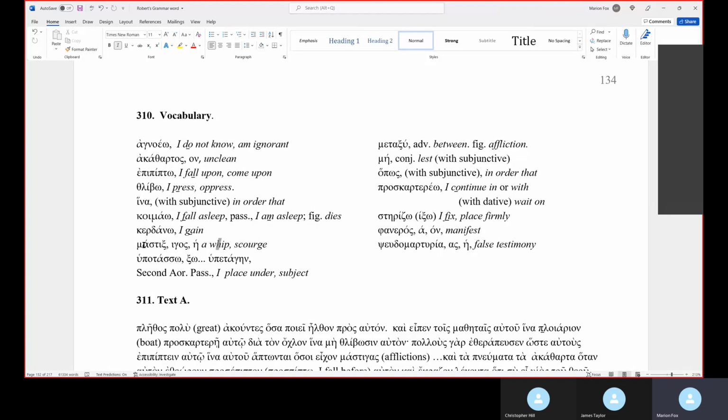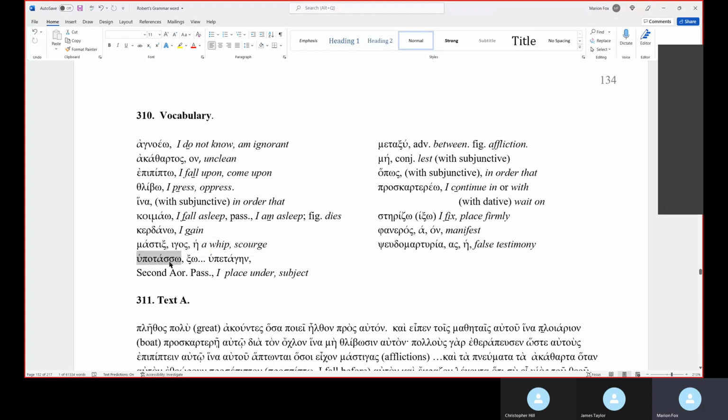I think, if I interpreted correctly, you could see some of his ribs after they got through scourging the Lord, but that's my interpretation of the passages. Also, another passage says they pulled out the hair from his beard. Okay, mastix, scourge.